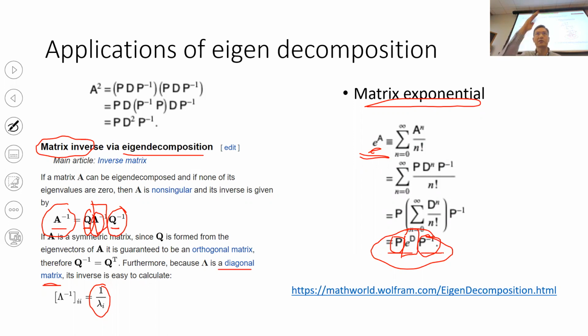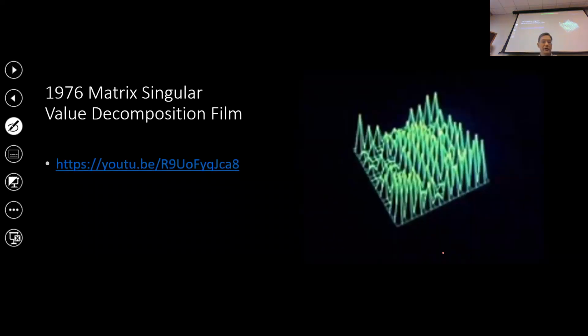It's very easy to compute because it's only single values on the diagonal. And then you can multiply the matrices back and get the solution for the original operation. We can try this using real data sets, maybe in the example in the computer lab.